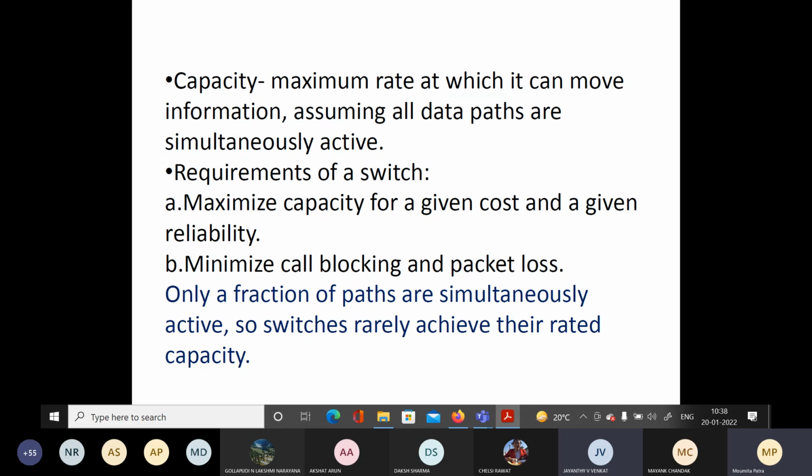When it comes to a switch, you can imagine there is an output port and there are input ports. Packets are coming at the input ports, and a packet can be destined to any of the output ports.